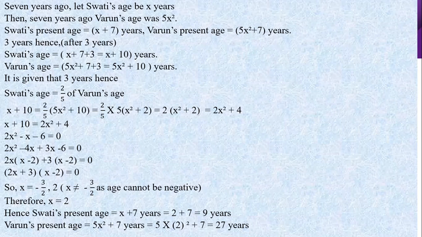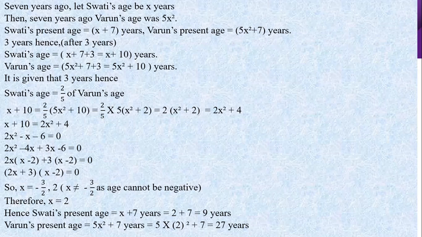Then Swati's present age will be x plus 7 years and Varun's present age will be 5x square plus 7 years. Now 3 years hence, that is after 3 years, Swati's age will be x plus 7 plus 3, which equals x plus 10 years. Varun's age will be 5x square plus 7 plus 3, which equals 5x square plus 10 years.